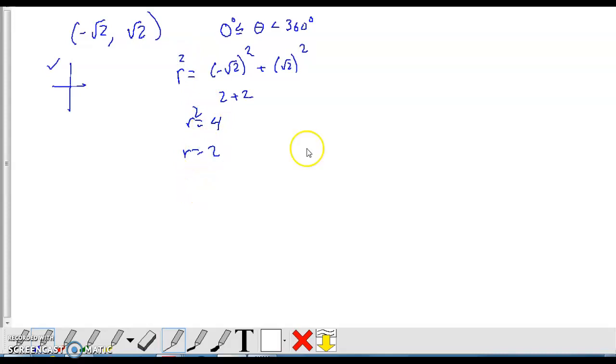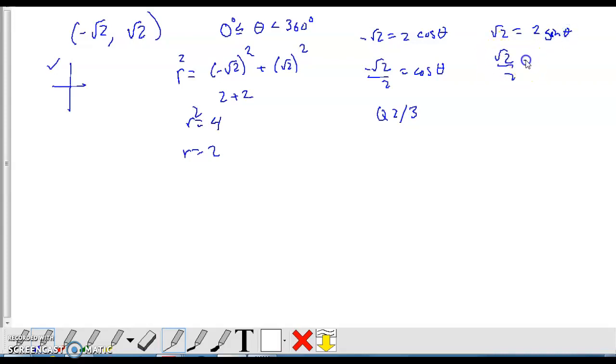When I look at my cosine, so x, negative root 2 is equal to 2 cosine of theta, so cosine of theta is negative root 2 over 2. Notice that the cosine of theta is negative, so again I'm either in quadrant 2 or 3. If I take my y value, root 2 is equal to 2 sine of theta, so sine of theta is root 2 over 2.